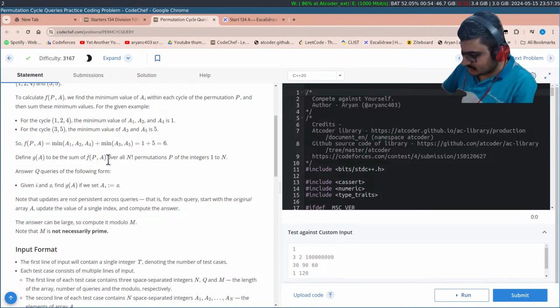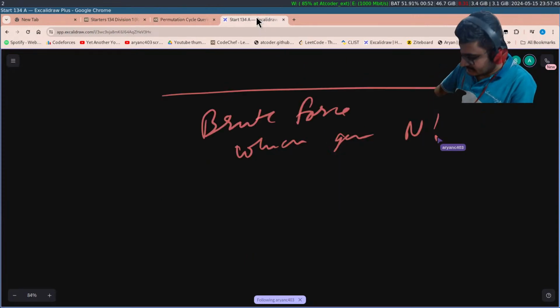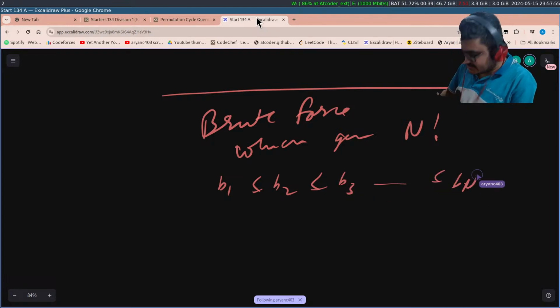What I did was I wrote a brute force code which generates all n factorial permutations. Let's say the sorted array is b1 up to bn. I counted the coefficient, the multiplying factor, for each element.